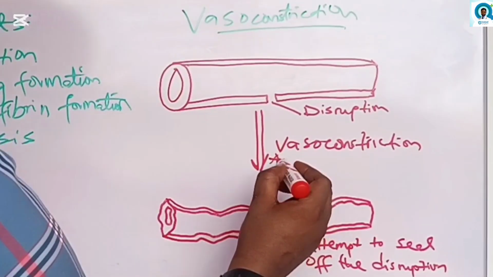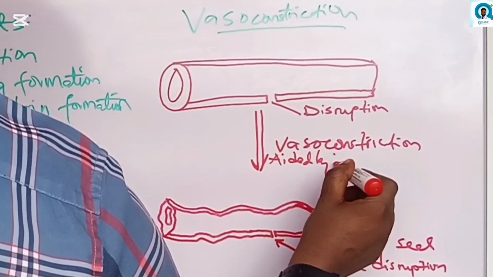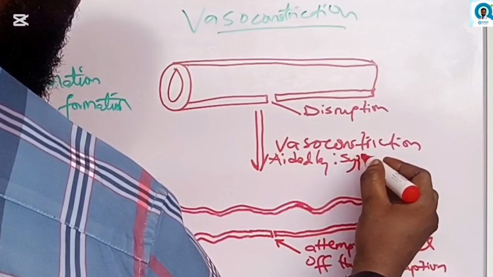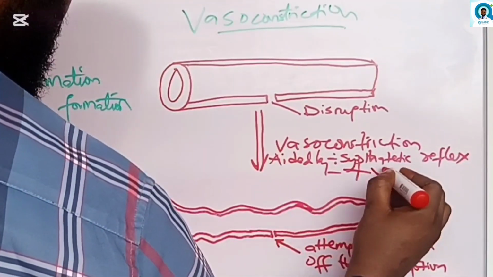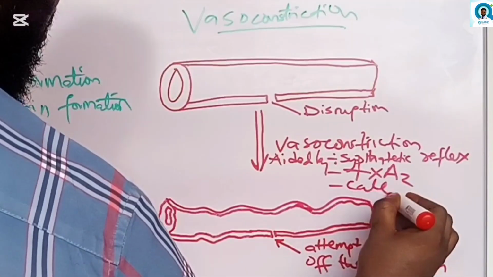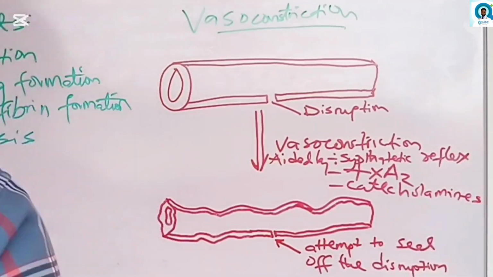This process is aided by sympathetic reflex and release of vasoconstrictors from platelets, including thromboxane A2, serotonin, and catecholamines.